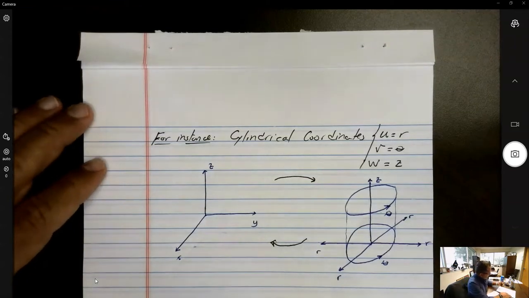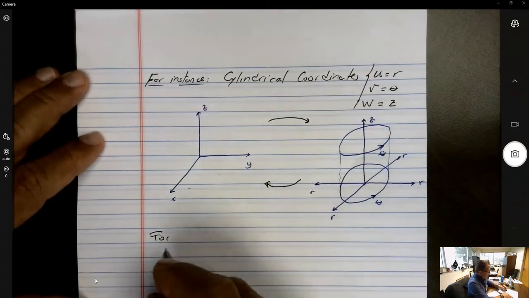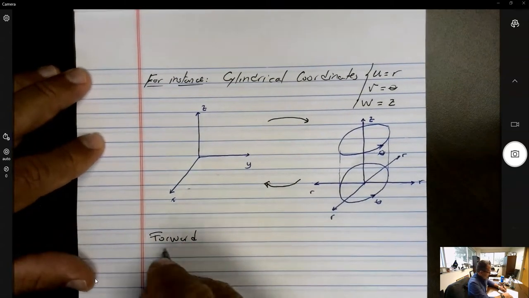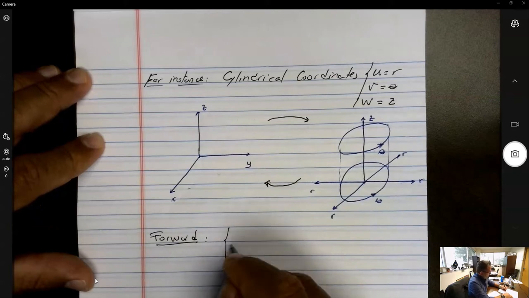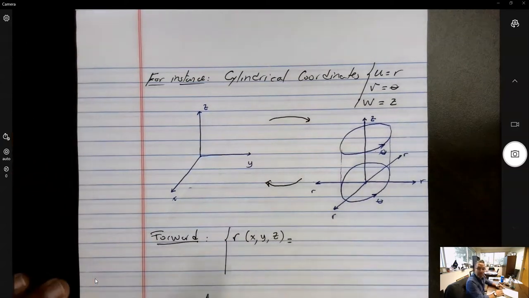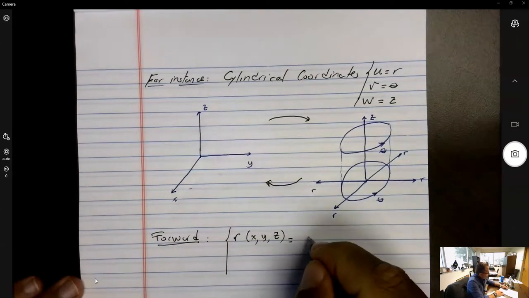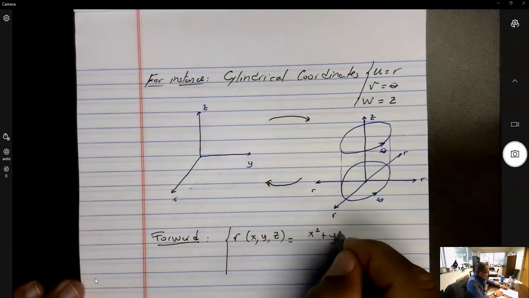So the forward transformation has an algebraic relationship which allows us to transform into the r direction from x, y, and z, and that's simply x squared plus y squared, square root.